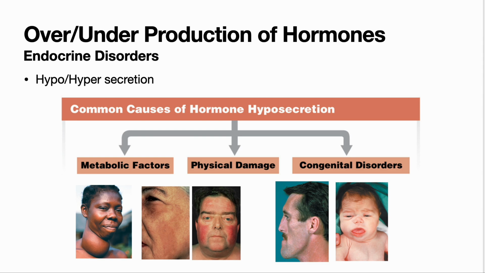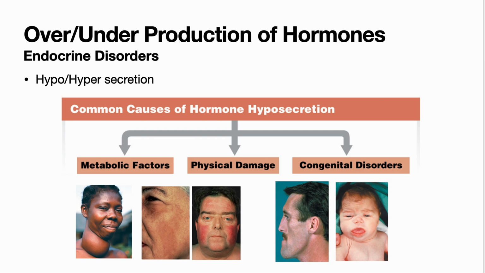Okay. So that brings us to some of the other disorders of the endocrine system, which all come down to one of two things. Either you've got an overproduction of hormones or an underproduction of hormones. That's kind of simplifying it a little bit, but ultimately, that's pretty much what it comes down to. So hypo or hyper secretion of hormones.